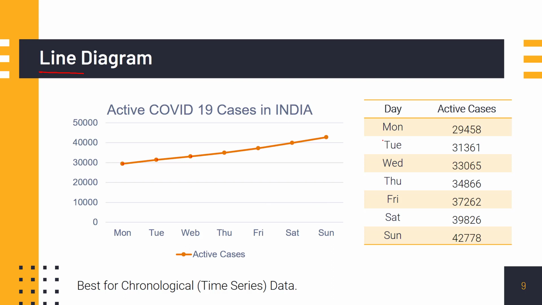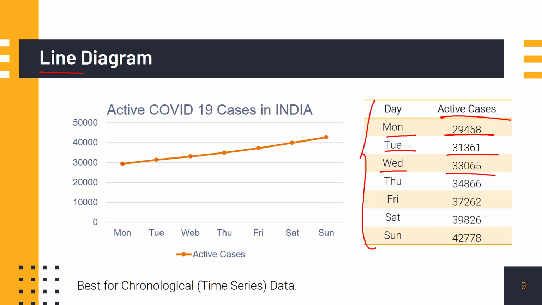So let's take the example that these are the number of active cases in a week of COVID-19, right? On Monday we have these active cases, on Tuesday we have these active cases, on Wednesday this, and so on, right?